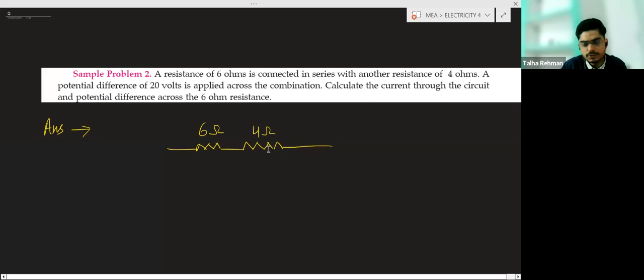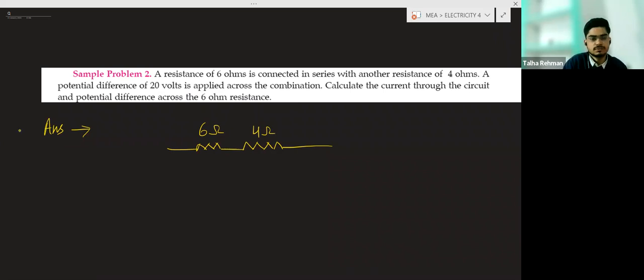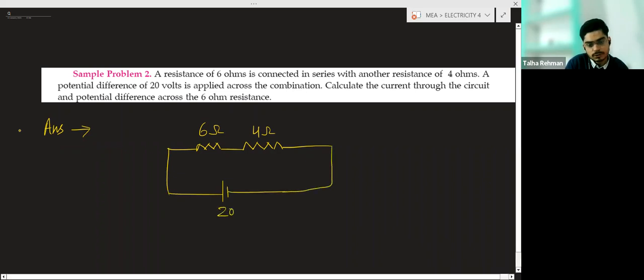This is the series combination. A potential difference of 20 volt is applied across the combination, like this. Means a cell is connected in this form.